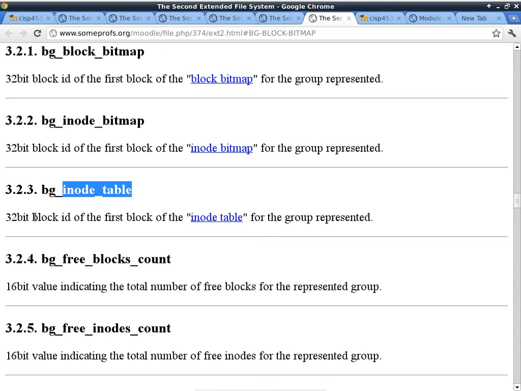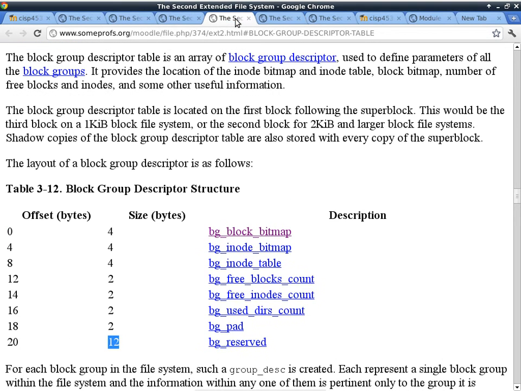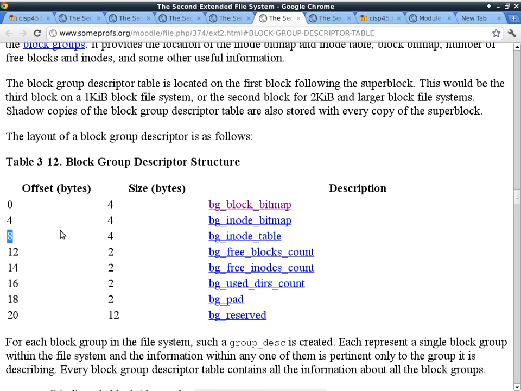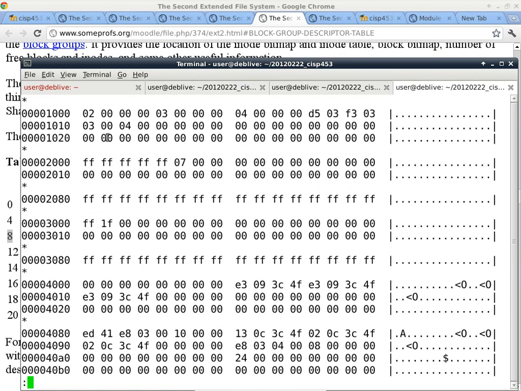It is a block addressable pointer. And if we take a step back, the inode table is from offset 8 of a block group descriptor. So we have to look at offset 8 from the dump. So offset 8 of the dump is this one here.